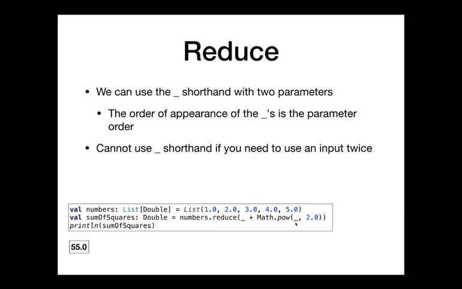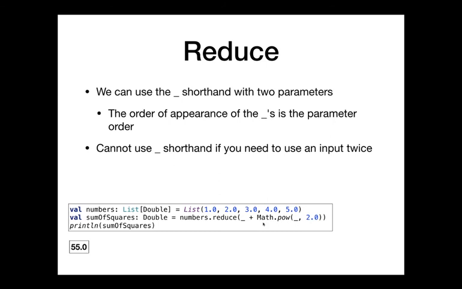And now we can see if we do need to use one of the input parameters more than once, we can't get away with that with the underscore syntax, because how do you specify, if I had 3 underscores here, that 2 of those underscores are the first parameter twice, and the third one is the second parameter once? We wouldn't have a way of expressing that. So this is the way Scala chose to do it. Just the order in which the underscores appear is going to be the order of the parameter list.